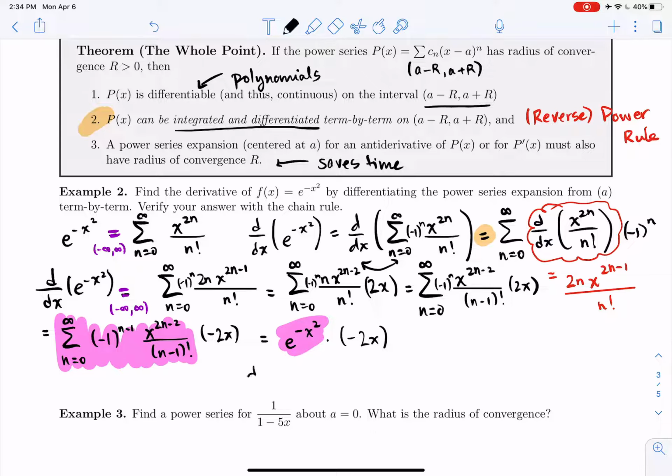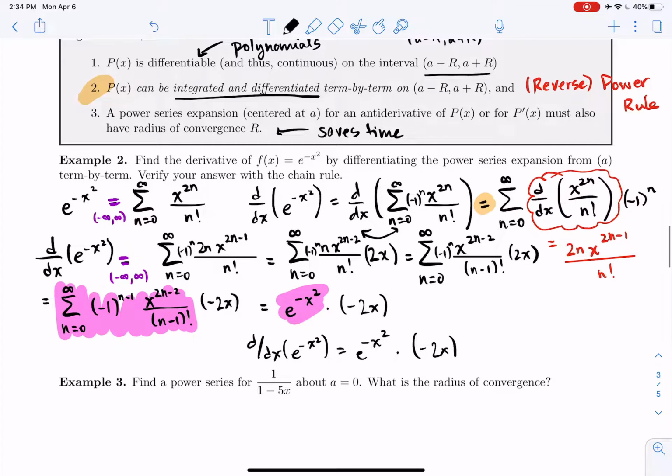The derivative of a composition of functions is the derivative of the outside, leave the inside alone, times the derivative of the inside. So this is just trying to convince you that term by term differentiation is nothing to be scared of. So this all checks out, and it's valid for all x values between negative infinity and infinity.